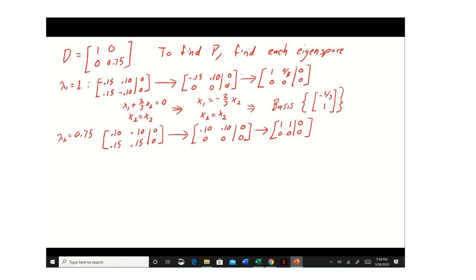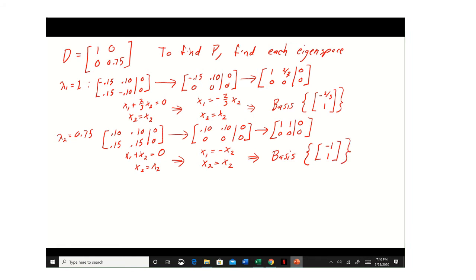Do the same thing, put it in general form. We have one free variable. Again, x2 is a free variable. So that leads to x1 is equal to negative x2, and x2 is our free variable. So our basis is negative 1 and 1.